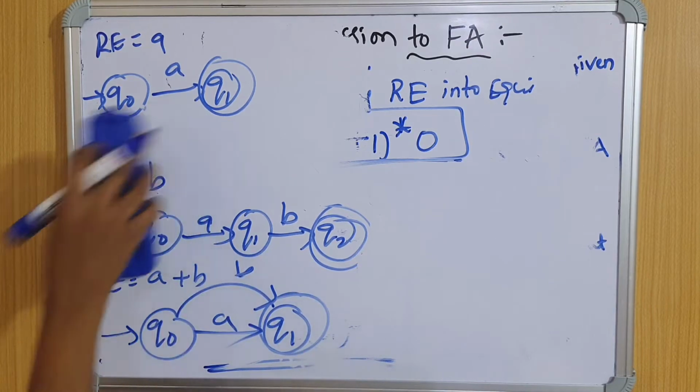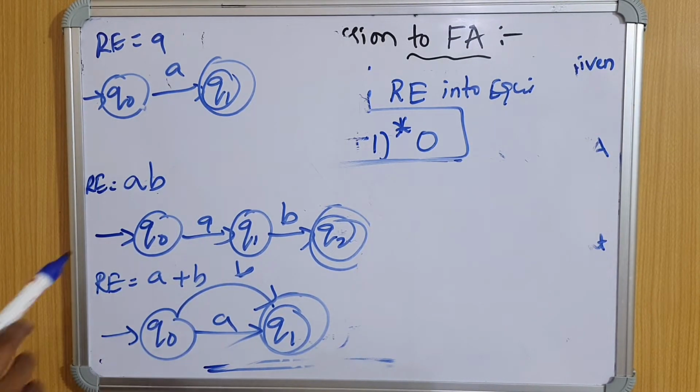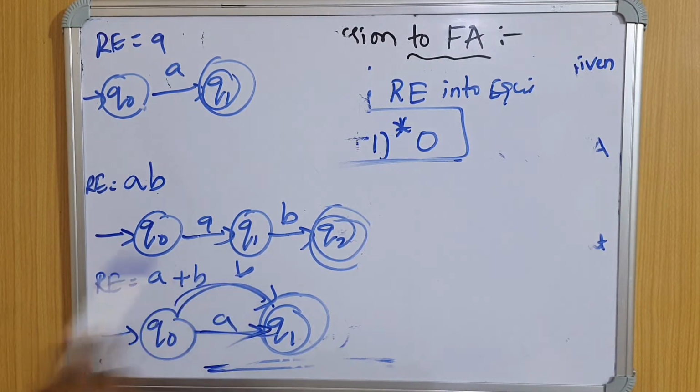If it is only A, Q0 to Q1; if it is AB, A then B; A plus B means A or B. Clear? With this we have finished our first unit.